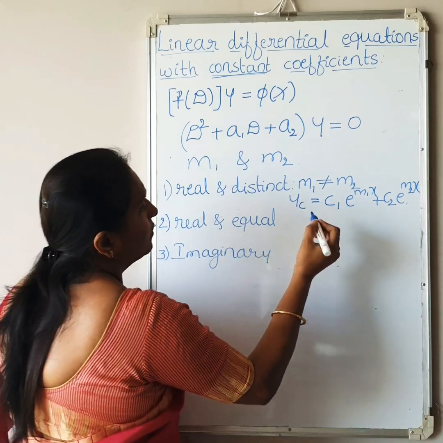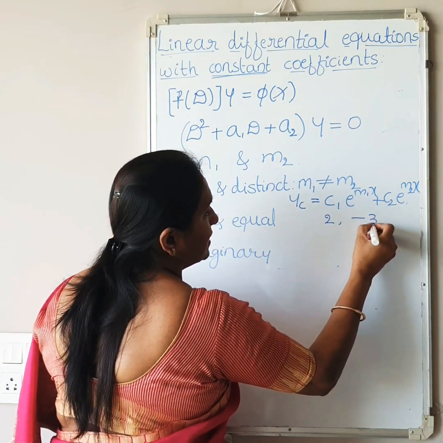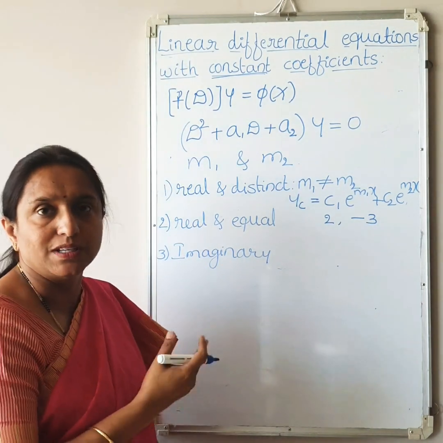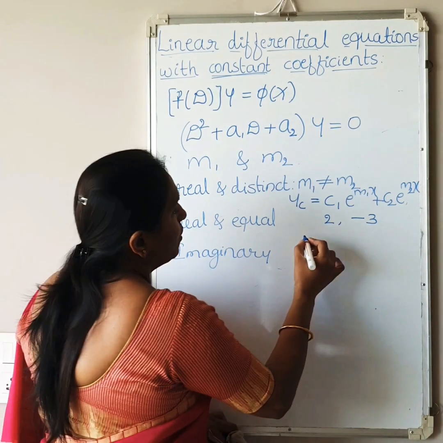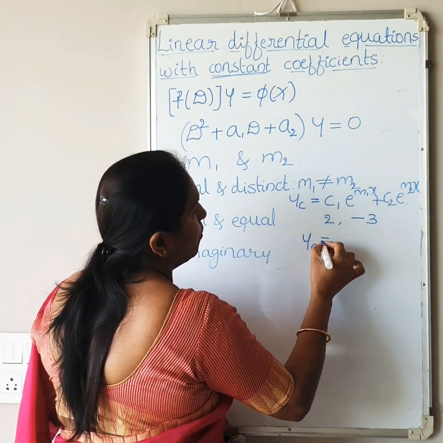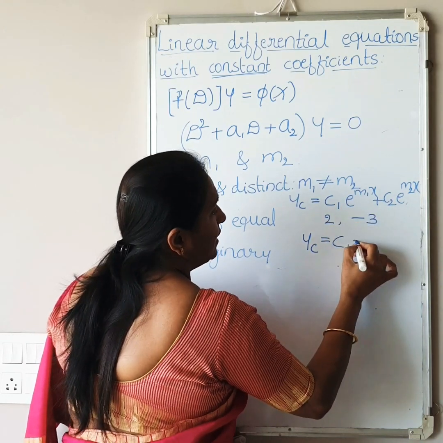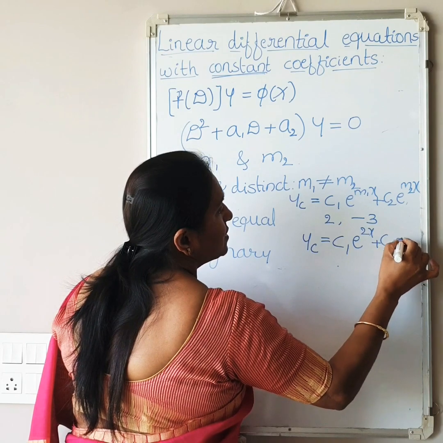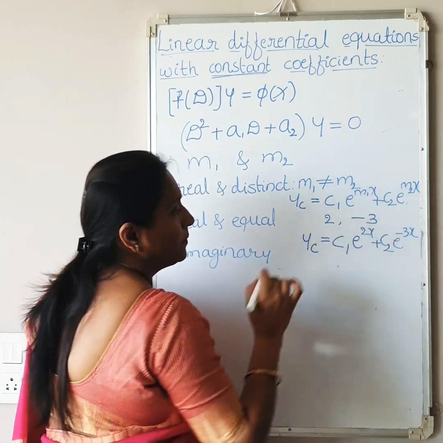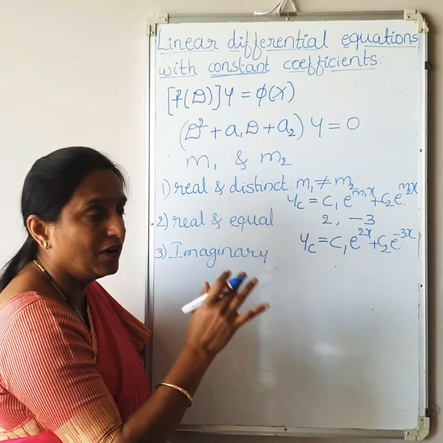For example, suppose the roots are 2 and minus 3. Then how will you write the complementary function? We write yc is equal to c1 e raised to 2x plus c2 e raised to minus 3x. This is the complementary function.